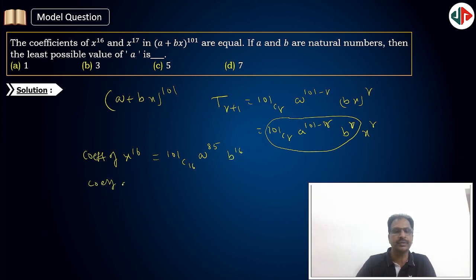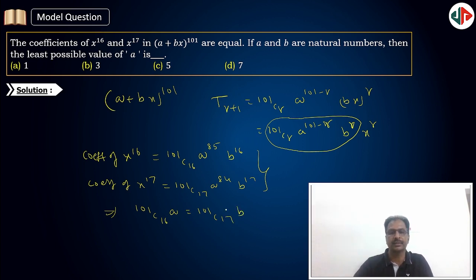Next, what is the coefficient of x power 17? Put r is equal to 17. 101 C 17 a power 84 b power 17. Given that these two are equal, so equate these two. By equating those two, you will get 101 C 16 a is equal to 101 C 17 b.